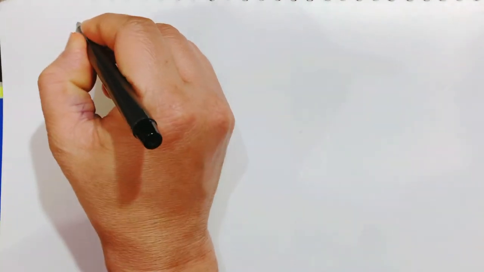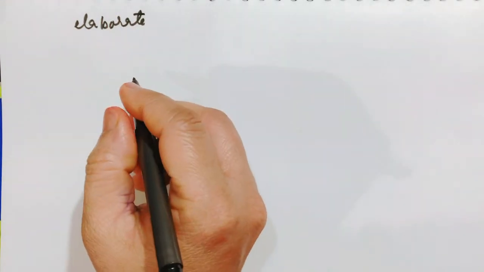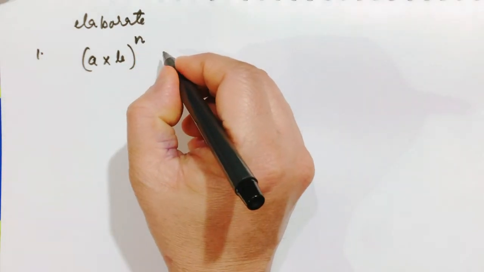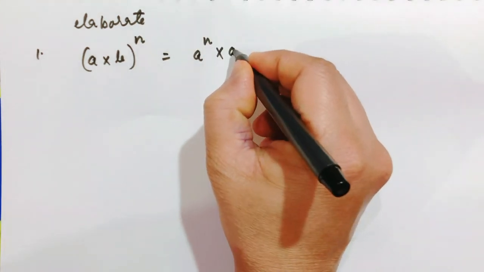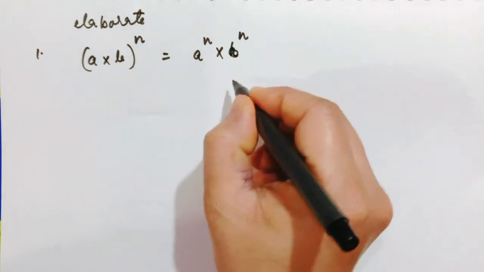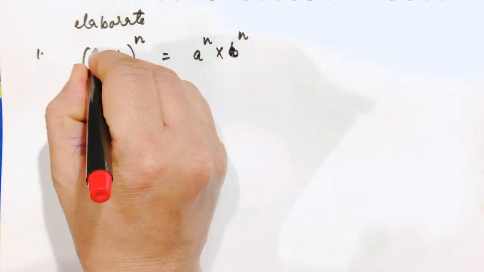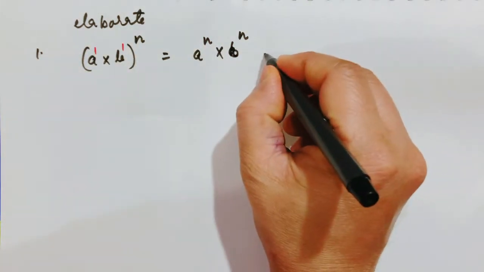Now let's elaborate. और elaborate में बोल रहा है कि a into b, when you have a power as n, then this is equal to a to the power n multiplied by b to the power n, means this n will be multiplied to each of them. अगर देखा जाए तो ये दोनों का पावर 1 है, तो अभी पावर लॉ बताएं आपको कि पावर ओवर पावर गेट्स मल्टीप्लाइड.